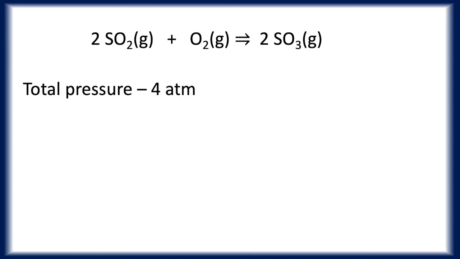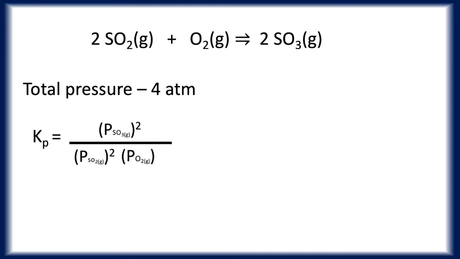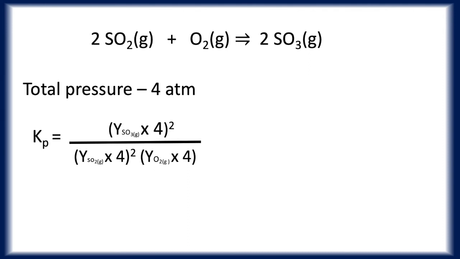And we'll say that we started with a total pressure of 4 atmospheres, which meant that when we came to work out Kp, it was the mole fraction of each of those molecules times by 4, which I've put there. So y SO3 is the mole fraction of sulfur trioxide, etc.